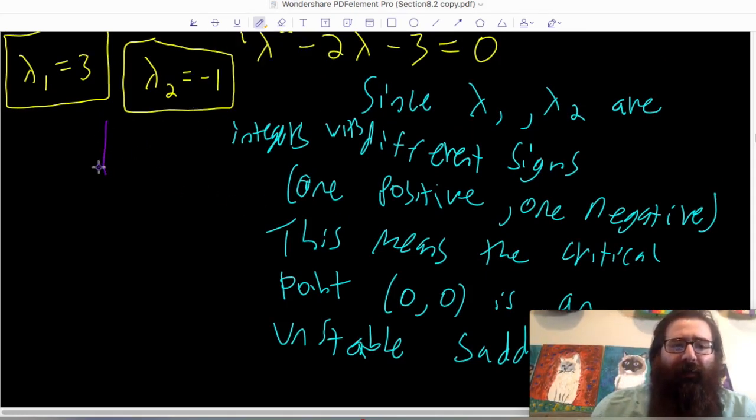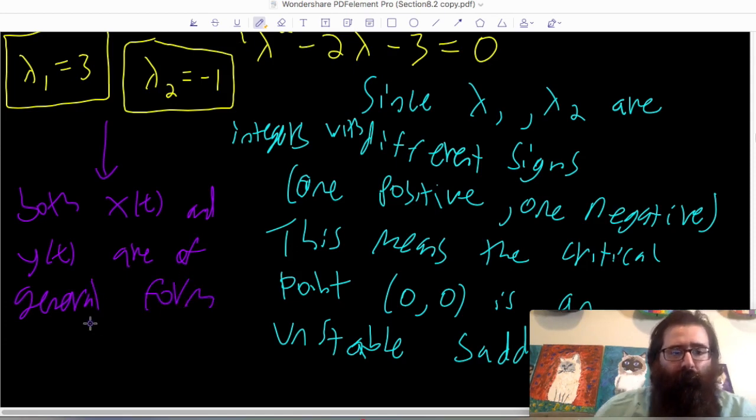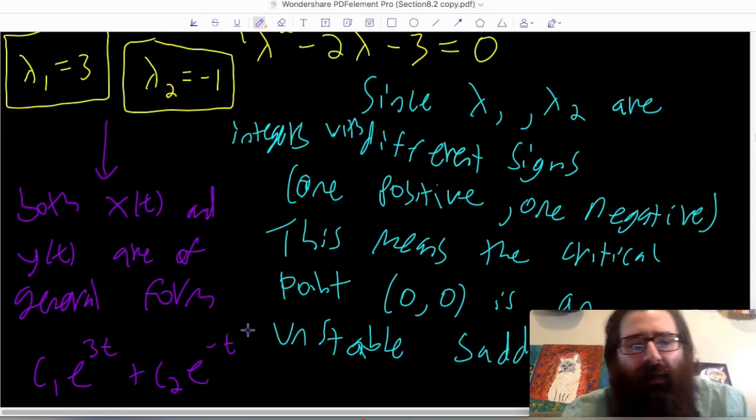But if we try to connect this back to what we said earlier, we could say both x at t and y at t are of this general form, where we would have c sub 1 e to the 3t plus c sub 2 e to the minus t. And certainly as t goes to infinity, this e to the minus t part is going to vanish.